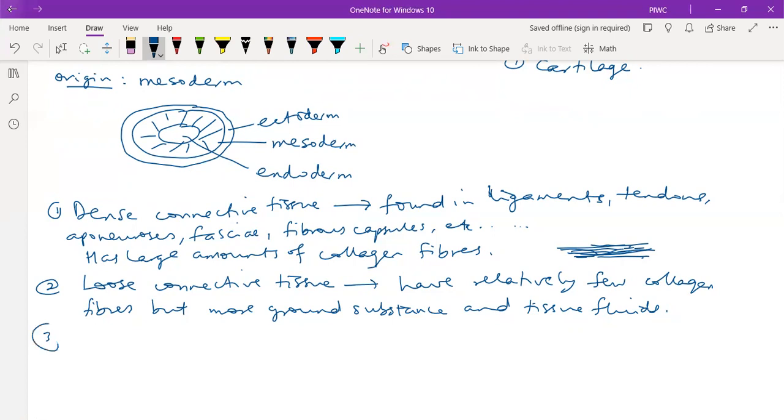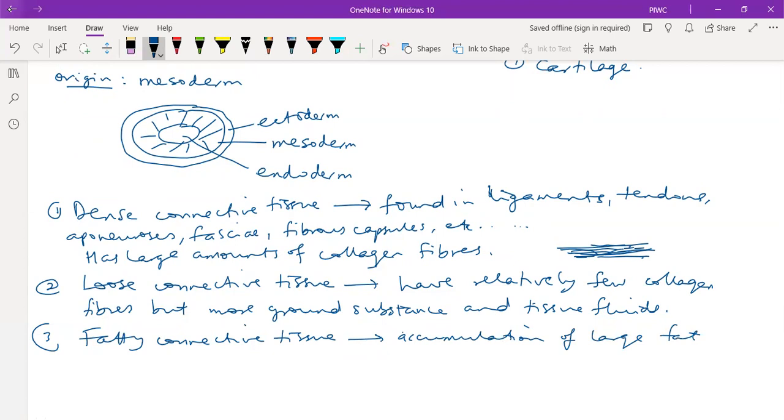And then we can have the fatty tissue. So fatty connective tissue. So these type of connective tissues have a large accumulation of fat cells.